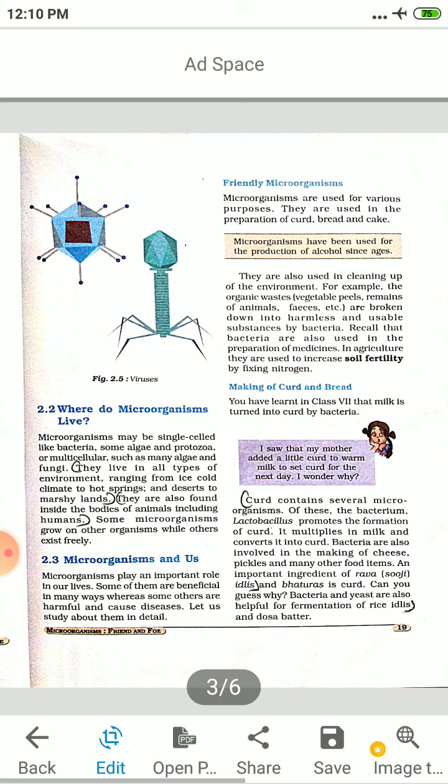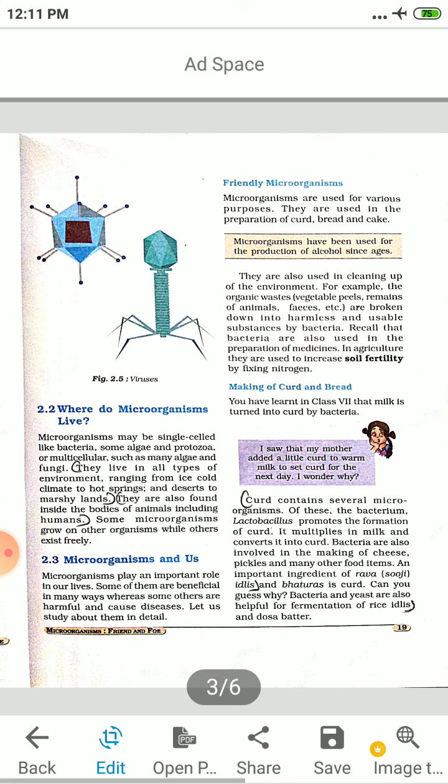Making of curd. Curd contains microorganisms. Of these, the bacterium lactobacillus, lacto meaning milk, bacillus meaning bacteria, helps in the formation of curd. It multiplies in milk and converts it into curd.